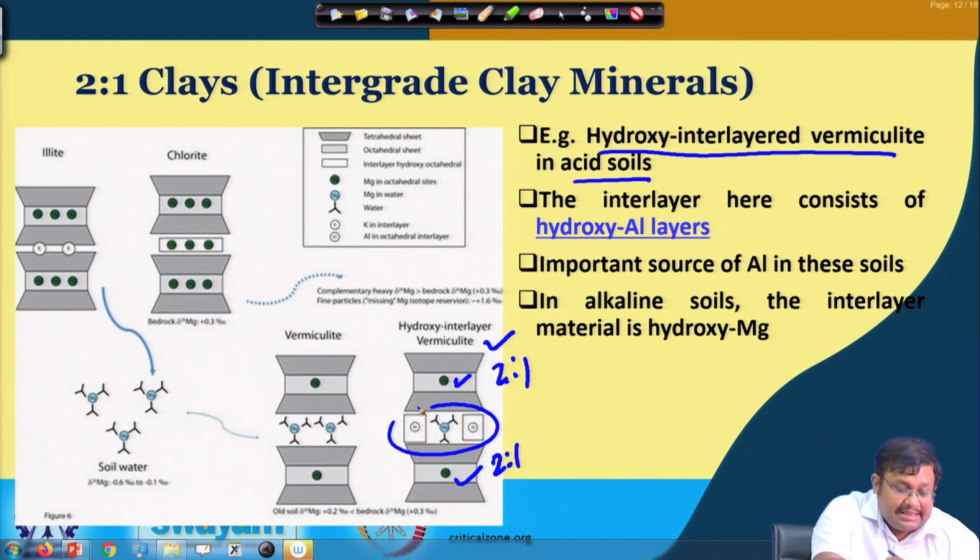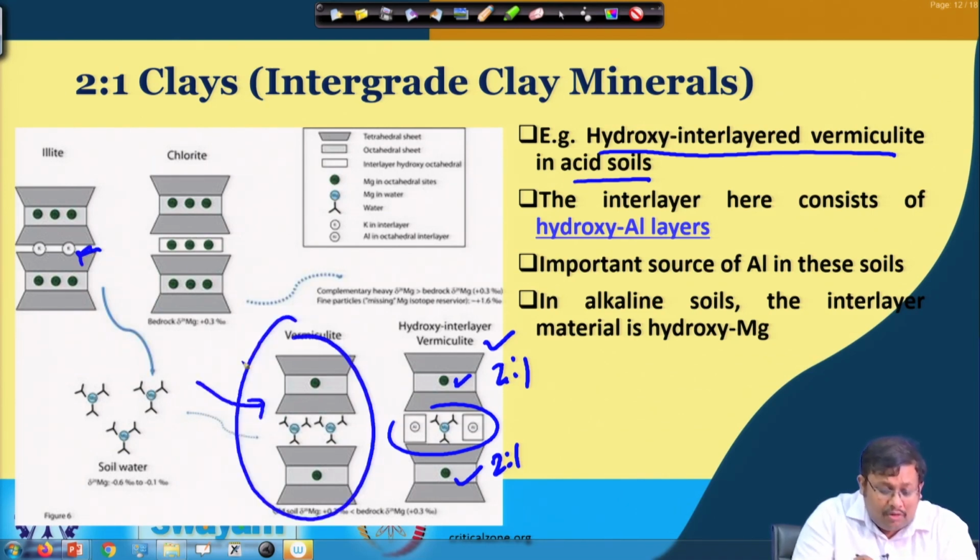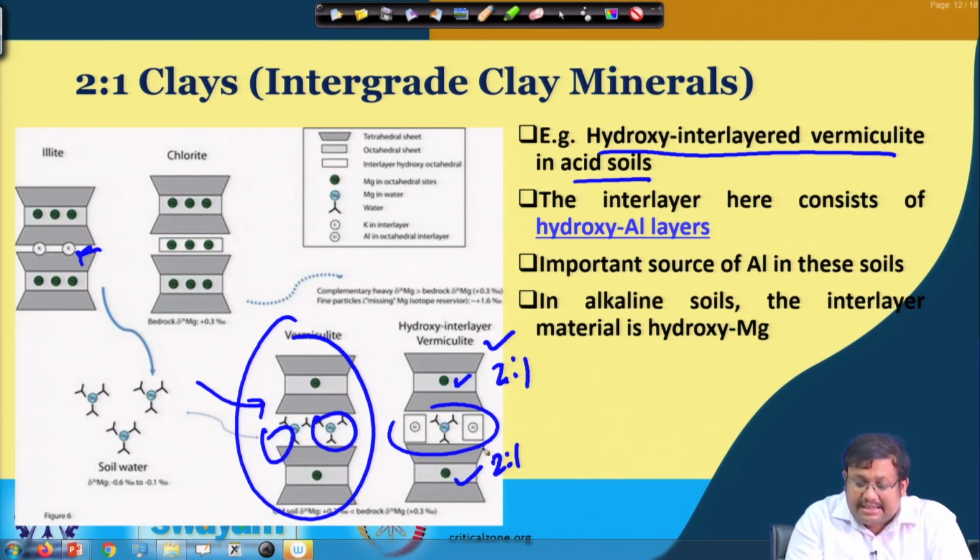You can see this is an illite structure, and when the illite interlayer potassium gets replaced, it converts into vermiculite, and you know that in the interlayer space of vermiculite magnesium-bound water is present. When this is also accompanied by adjacent aluminum hydroxy interlayers, it is called hydroxy interlayered vermiculite.